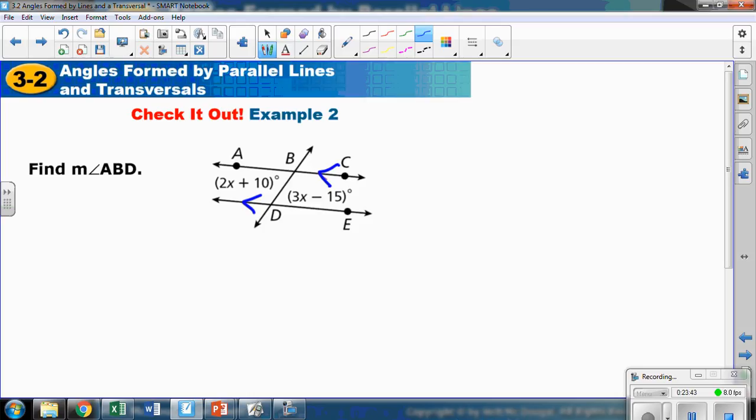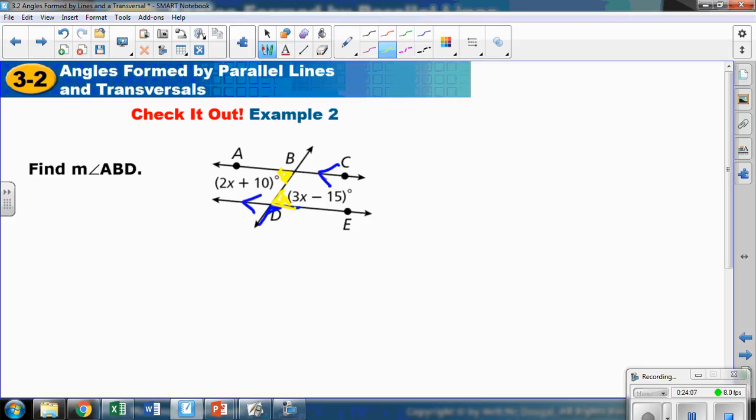So when we look at this and say, we want to know the size of angle ABD, we're searching for that one. Well, we don't have a whole lot of information to go on. The only two things we've got, we know that this angle is 2x plus 10. We know that angle is 3x minus 15.